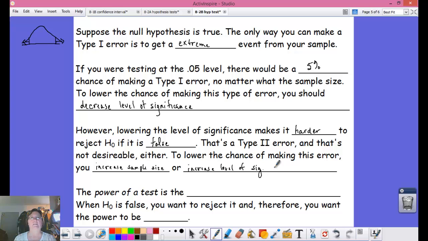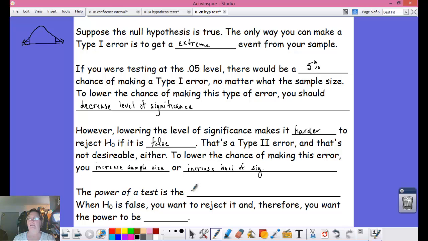That is, increase alpha. Of those two things, again, this is my opinion. You're always getting my opinion, but I would say this is the safer. If I want to lower my chance of making that type 2 error, I'm going to just ask more people. I'm going to increase my sample size because to me that is safer than messing around with the level of significance. I don't want to accept more risk. Okay, I want my test to give good results.